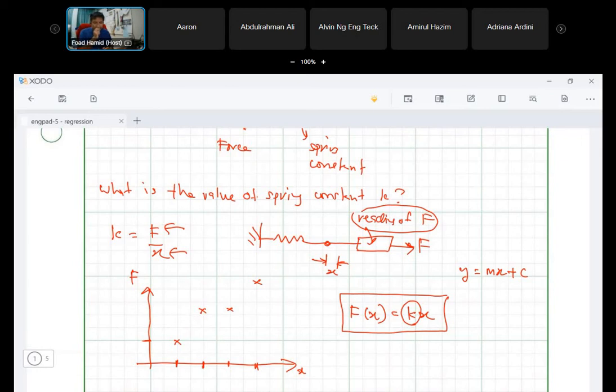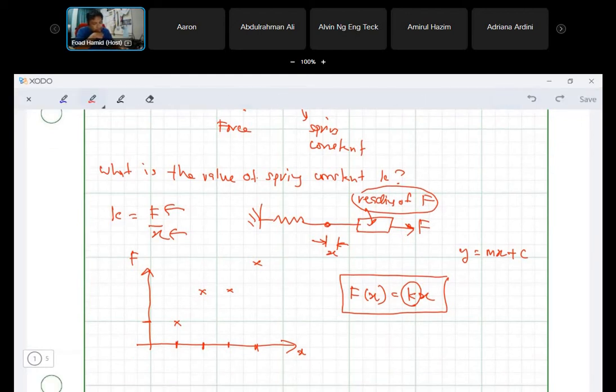But unfortunately, if you do this, you can see that it is not a straight line. Maybe it is something that looks like this, right?